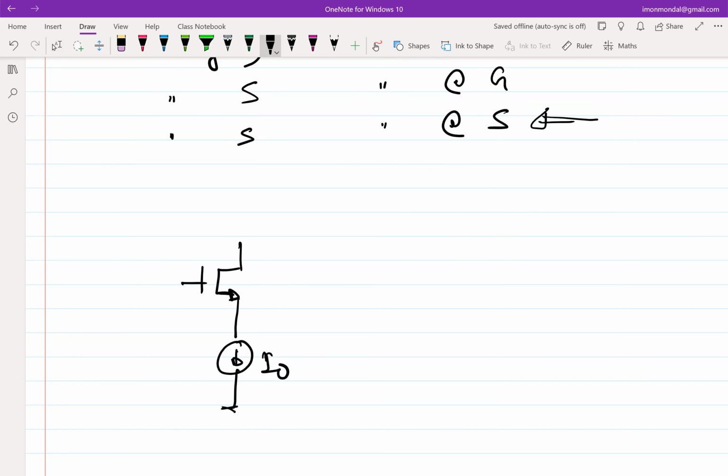Now our purpose is to figure out how to ensure that the transistor is biased properly, and then apply incremental input. So I took a transistor, stuck a current source at the source, and I want to bias it using negative feedback. So what is the logic that I will use to figure out what action is necessary?